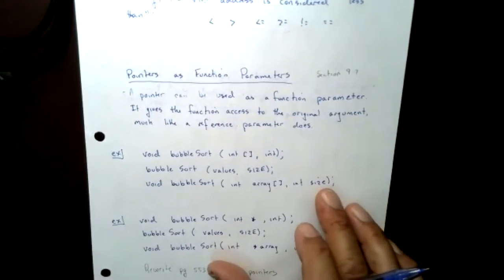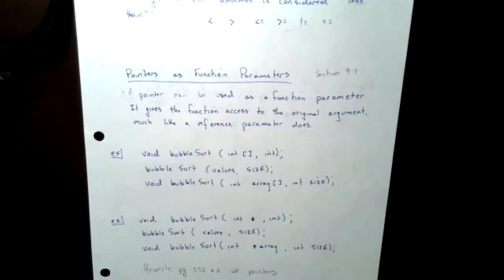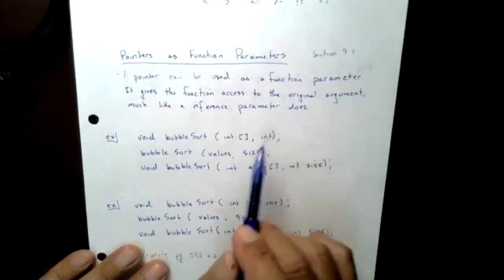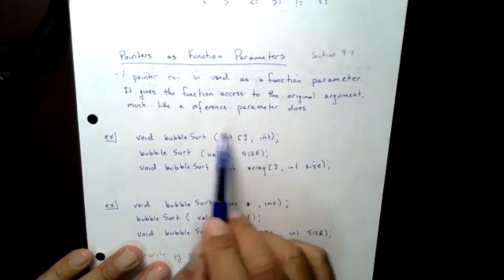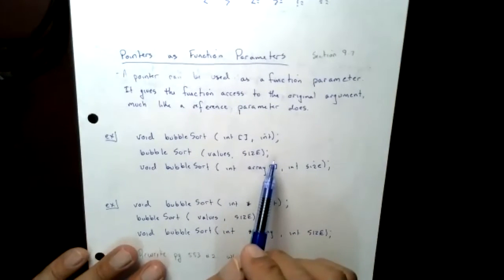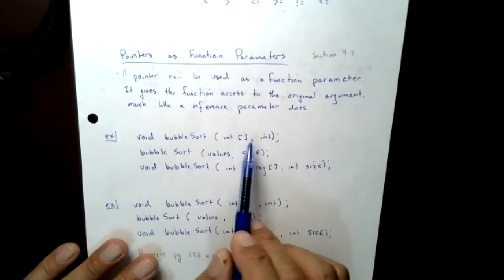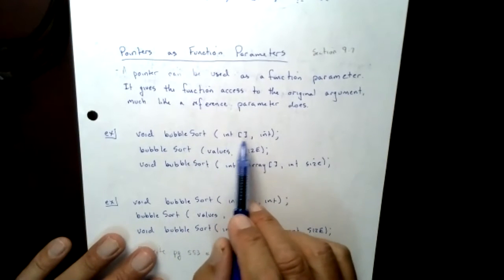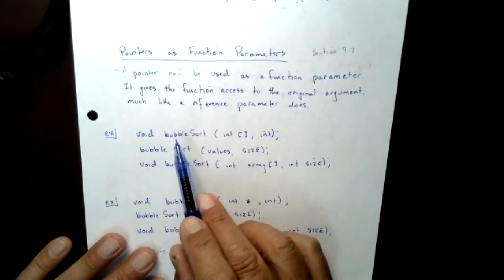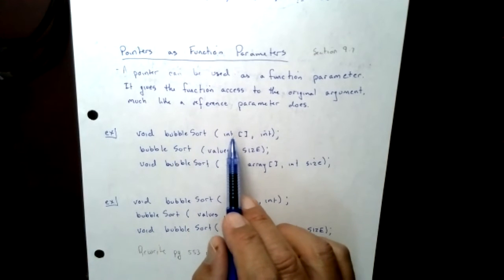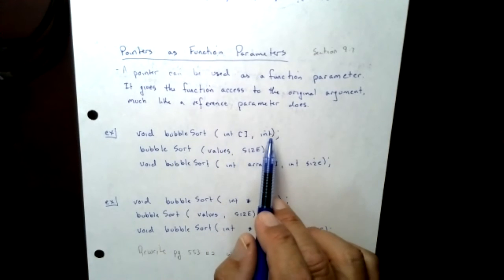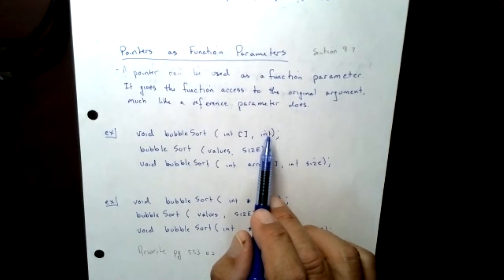Now I'm going to take a look at section 9.7. We talked about writing some code the other day, and you brought in your bubble sort, or hopefully one of your sorts, and it was nice and easy to bring in. We had our prototype, void bubble sort. It's an integer array, passing in an int as well.